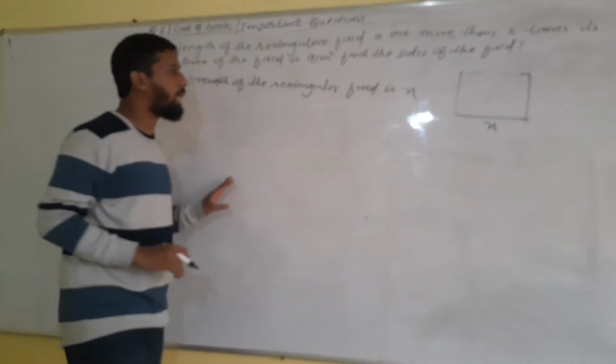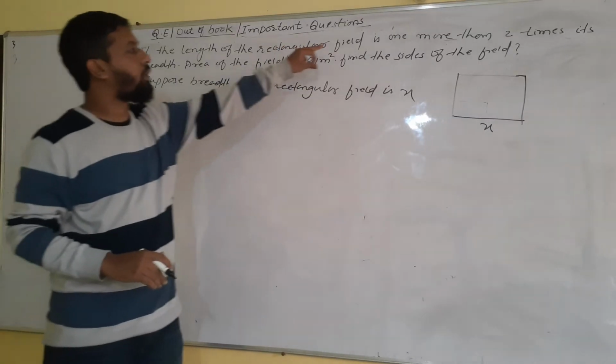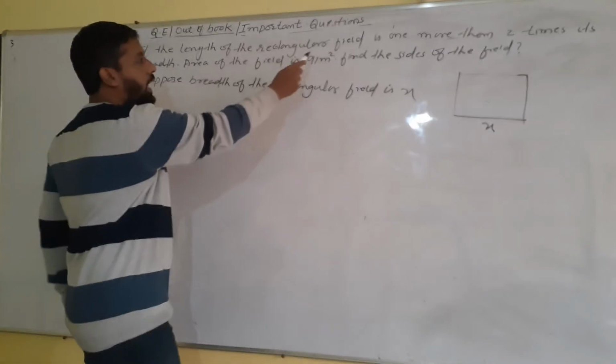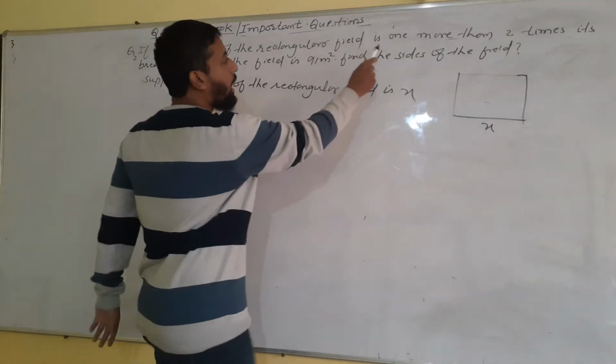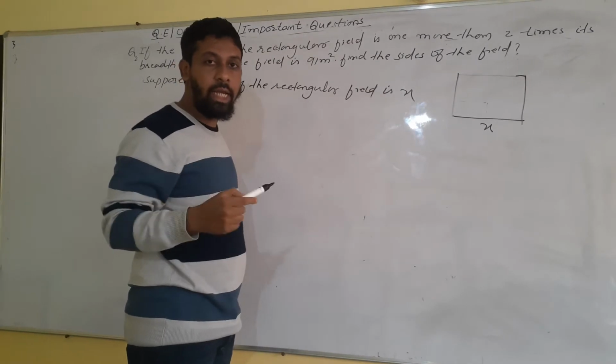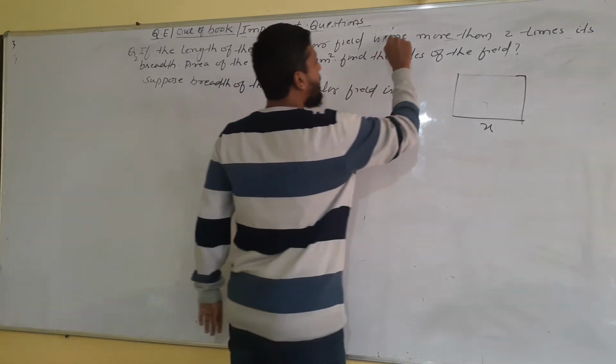Now one condition is given. Based on that condition, we have to write the length of the rectangular field. Condition is, the length of the rectangular field is 1 more than 2 times its breadth. This is important.